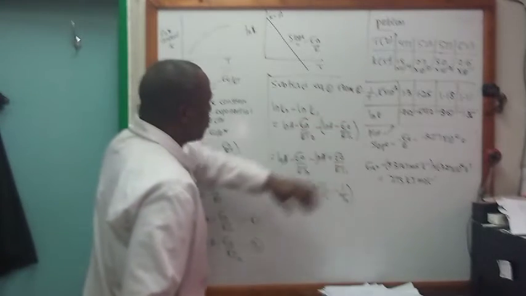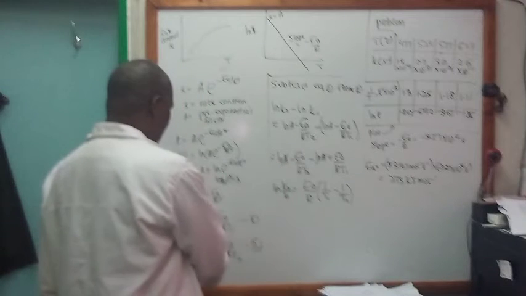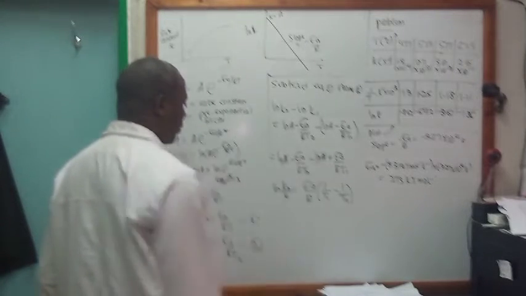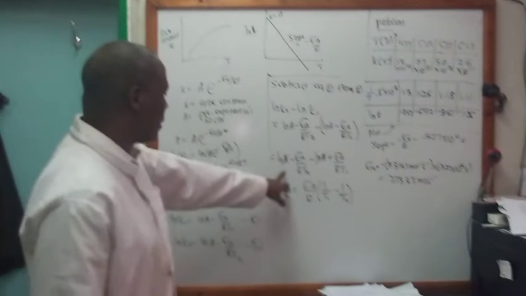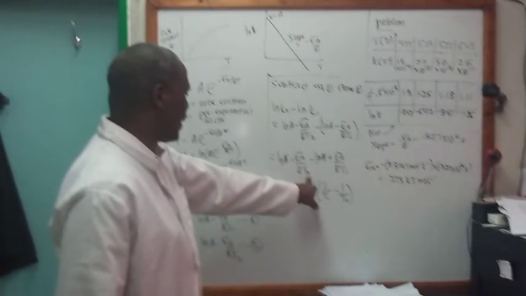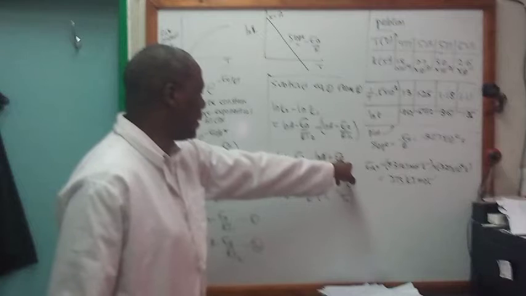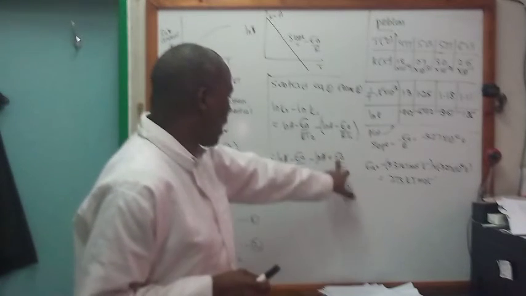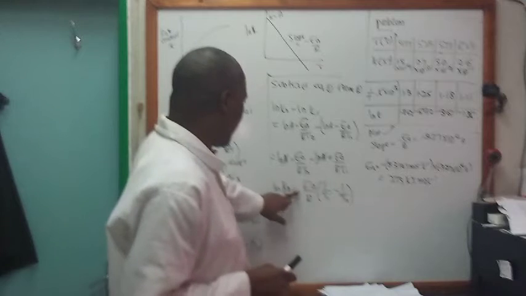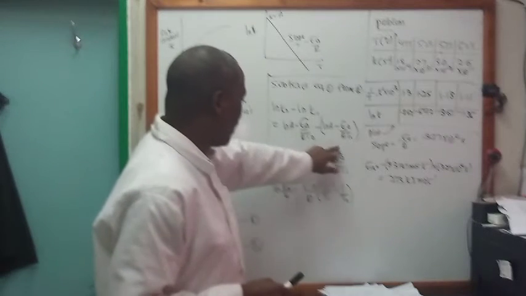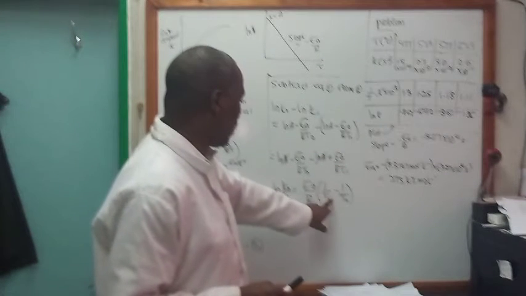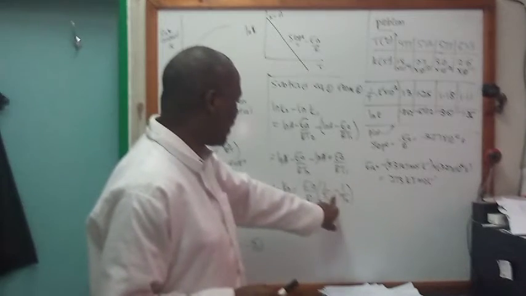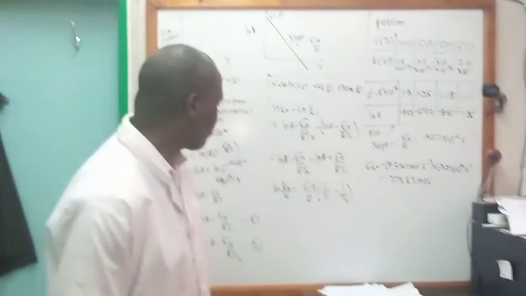If I open up, I'm going to see there will be a positive ln A and a negative ln A, so those are going to cancel. And then I'm going to get minus Ea over RT2 plus Ea over RT1. If you rearrange, I put Ea over R outside, so I'm going to get Ea over R times 1 over T1 minus 1 over T2.